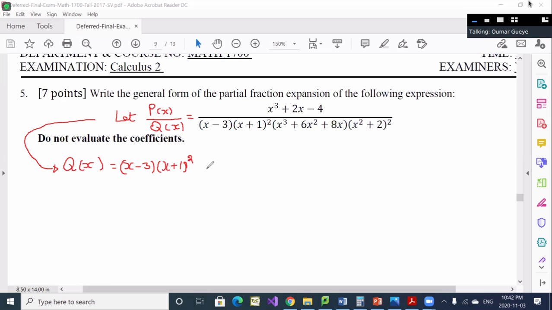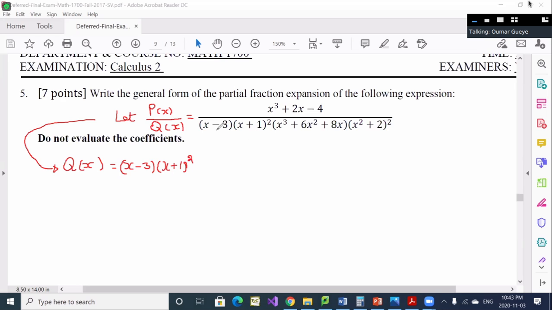All right, so let's solve it because we have just 8 more minutes before the end of the class. Okay, here my numerator is p of x and my denominator is q of x. It's almost factorized, but the first step says you factorize it until you get linear factors and quadratic factors.